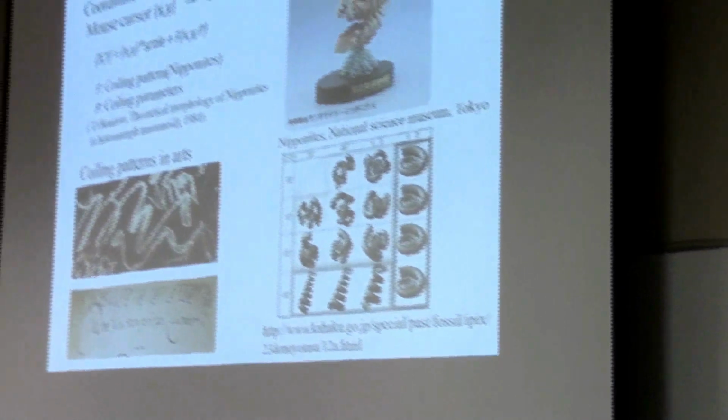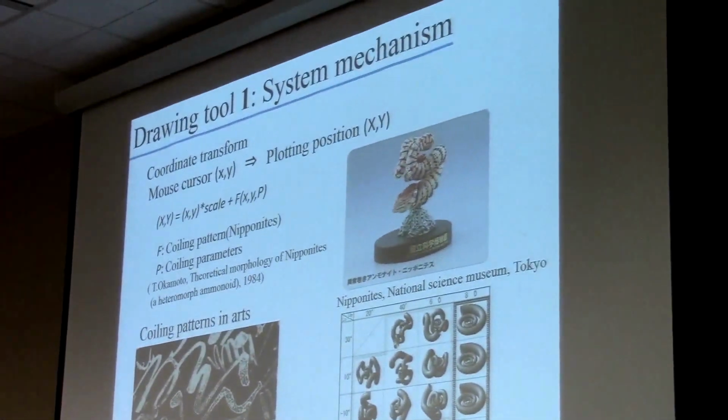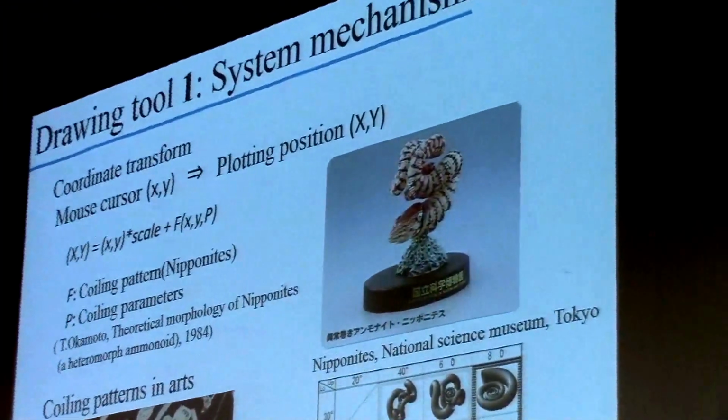So I will show you a drawing tool as my first example of a robotic interface system. In this study, the following transformation algorithm was implemented based on the numerical model of an ammonite with an irregular coiling, which is called Nipponites, Okamoto 1984.